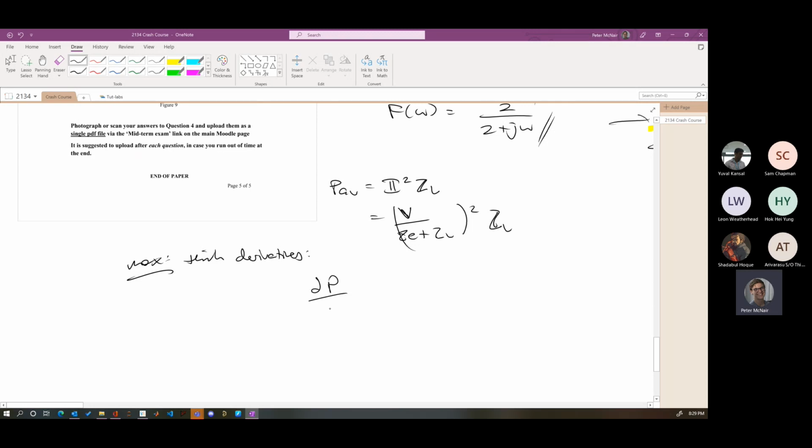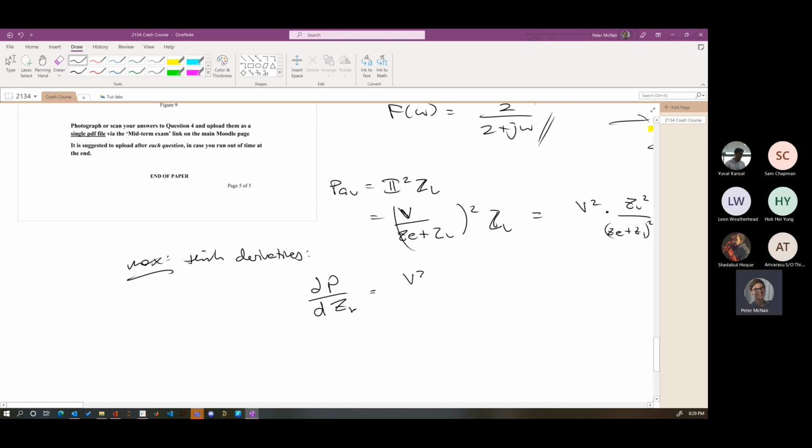So dP, and maybe let's take it in terms of dZ. This is equal to V squared times ZL squared on ZE plus ZL squared.